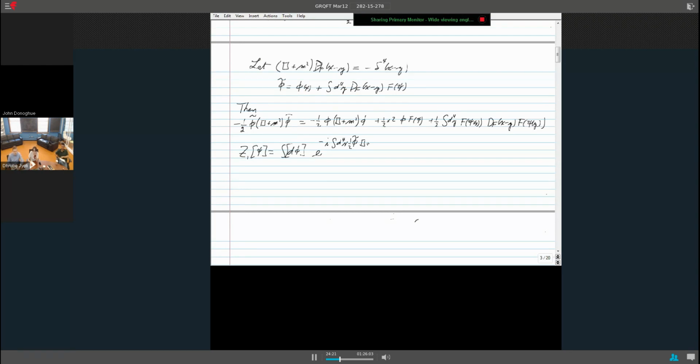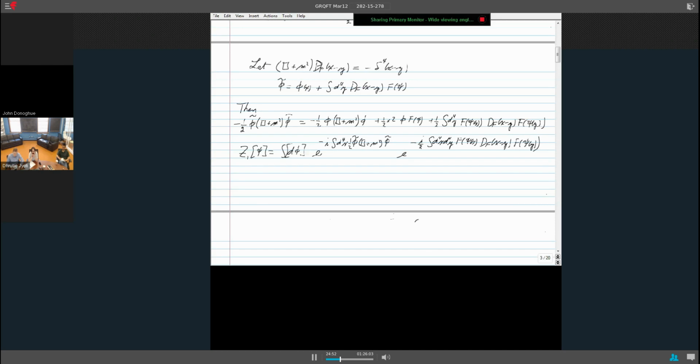Anyway, so here we have Z1 of psi is integral d phi e to the minus I integral d4x phi twiddle box plus m squared phi twiddle.